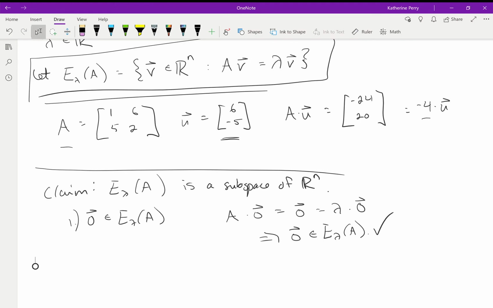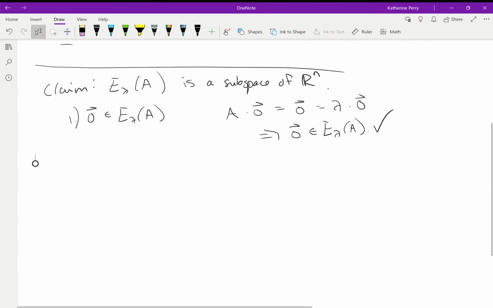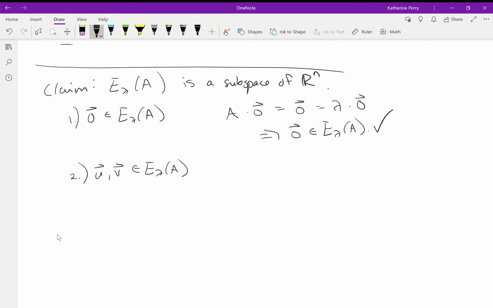Okay, and second, let's suppose that I have two vectors U and V in my space. Then I want to show that U plus V is in this space.